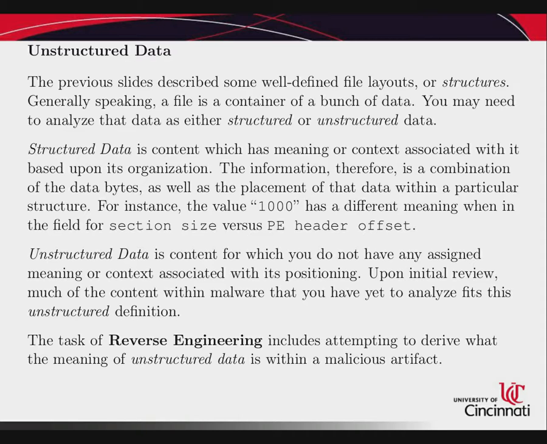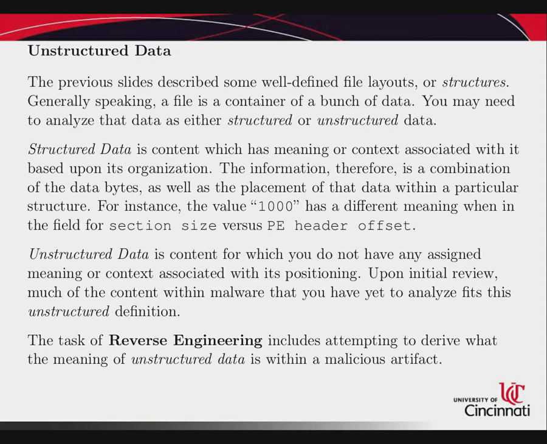So the value 1000 has a different meaning when it's in the field for section size versus the field for PE header offset. It has a completely different meaning to you in both of those cases, but it's also the same value, which is 1000. I'm being very pedantic about it, but it really is that simple, and it makes a huge difference later on when you're trying to explain your findings.